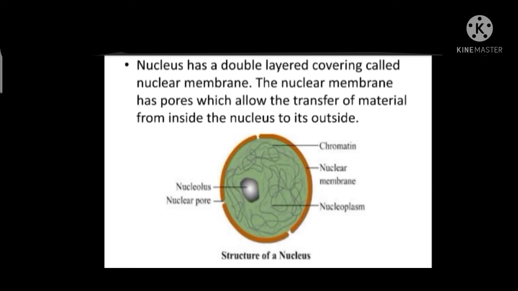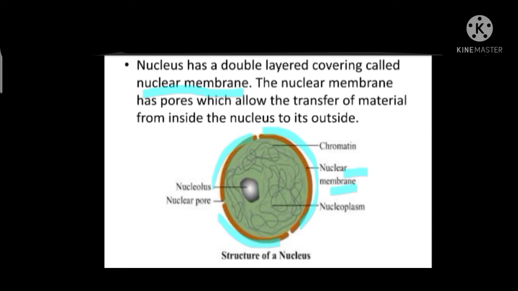The nucleus is surrounded by a double layered covering called the nuclear membrane or the nuclear envelope. Here you can see it is a double layered membrane. This double layered membrane is called the nuclear membrane, or we can say the nuclear envelope. And this nuclear membrane has pores.